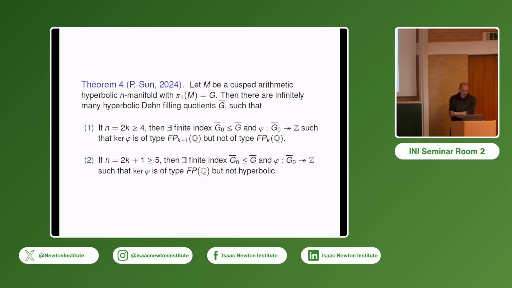And if the dimension of this manifold is odd, greater or equal to 5, then it virtually fibers where the kernel is not hyperbolic. So in both cases you get subgroups. This group is hyperbolic. You get a subgroup which appears as this kernel, and it's not hyperbolic because it doesn't satisfy higher finiteness properties, and in the odd case it is not hyperbolic for other reasons.